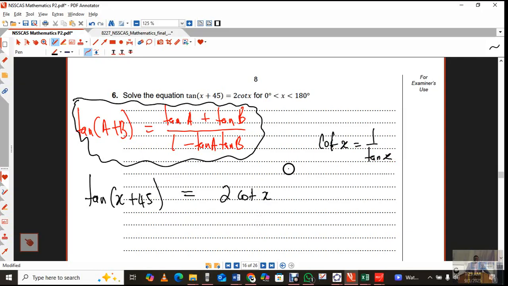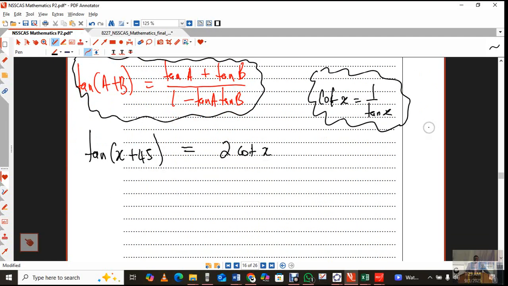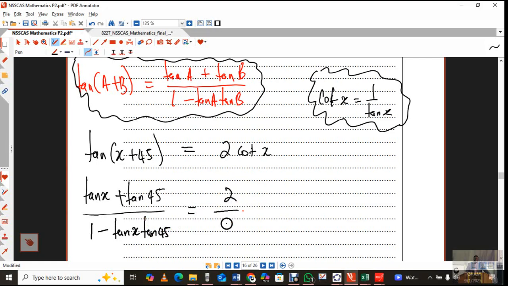So what I'm going to do is rewrite tan of x plus 45 in this form: tan x plus tangent of 45 over 1 minus tan x times tangent of 45, and this is 2 over tan x.